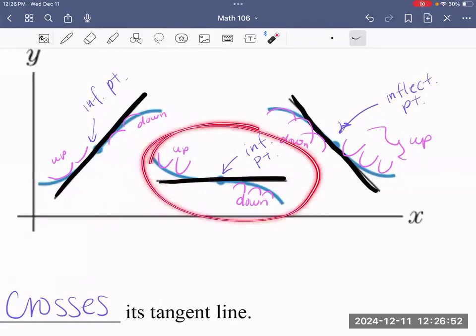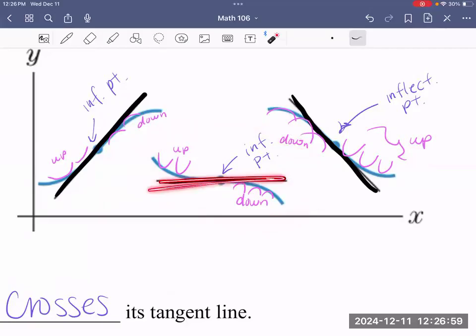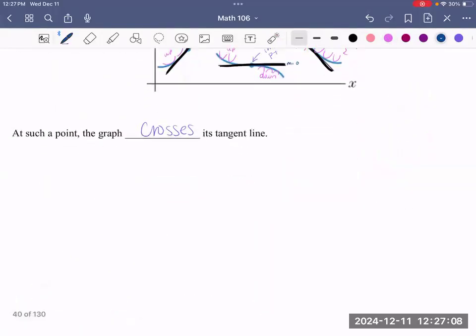Now, this third case is pretty special because at this particular point your slope is equal to 0. This is also called a critical point. So your inflection point can be equal to a critical point.